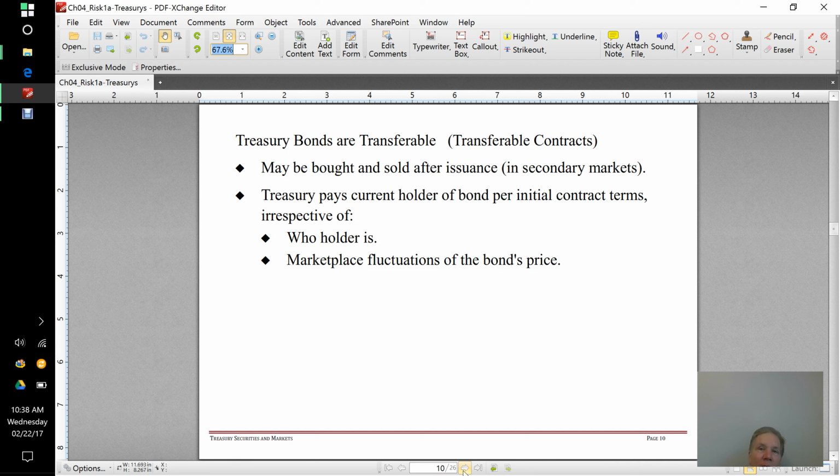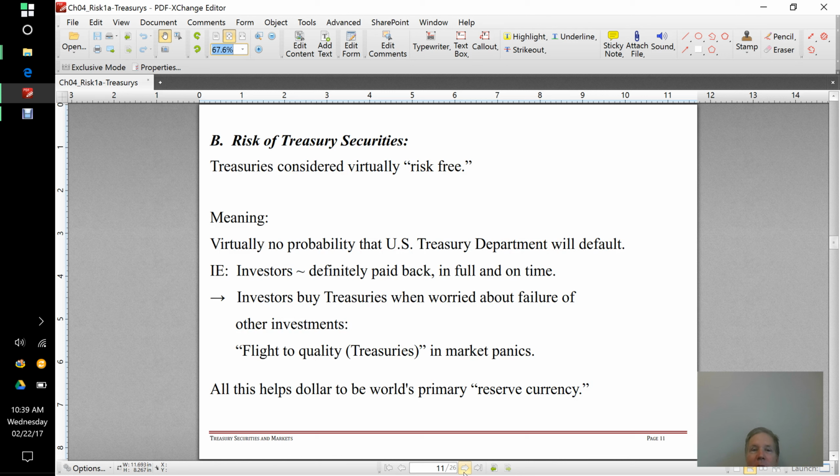And just like with any other bond or note contract, the Treasury pays whoever is holding the bond. They don't care who they sold it to in the first place because it's a transferable contract. Whoever is holding the bond, they have to execute per the contract terms.